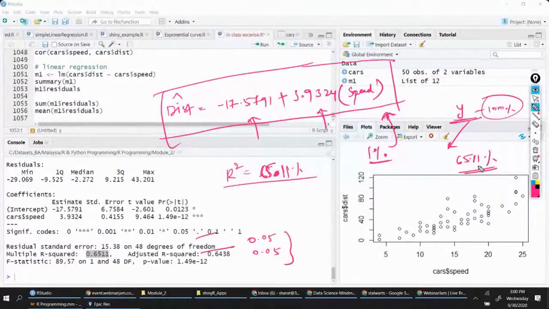Y is getting altered, right? But out of that alteration, 65.11% is caused by speed. That's what this equation is able to explain. Right? So that's what we look at. So only look at this case.